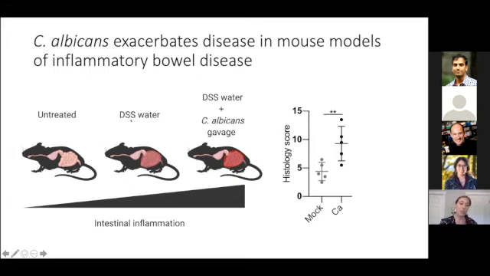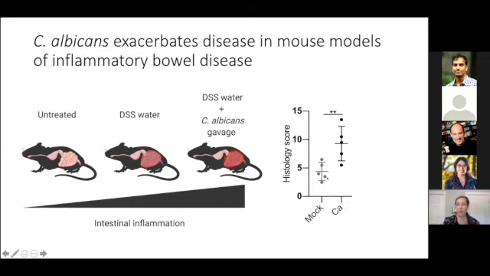And so this is a very simple model in which we simply give mice this DSS detergent-like molecule in their water, which goes to the gut, disrupts the intestinal epithelial barrier, and leads to pathogenic inflammation. And we know that if we combine DSS treatment with Candida albicans treatment, that disease gets even worse. And you can see this quantified here by scoring of colon damage from histology, that Candida treated mice have worse colon damage than the mice not treated with Candida, the mock treated.